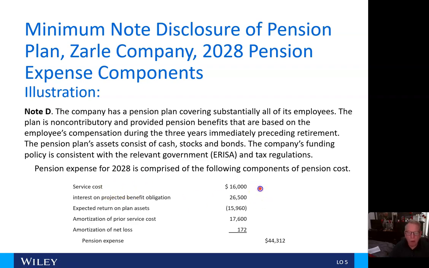Here we have service cost of $16,000, interest on projected benefit obligation of $26,500, the expected return on plan assets, $15,960 negative, and amortization of prior service cost, $17,600, and finally, amortization of net loss of $172 for a combined total pension expense of $44,312.